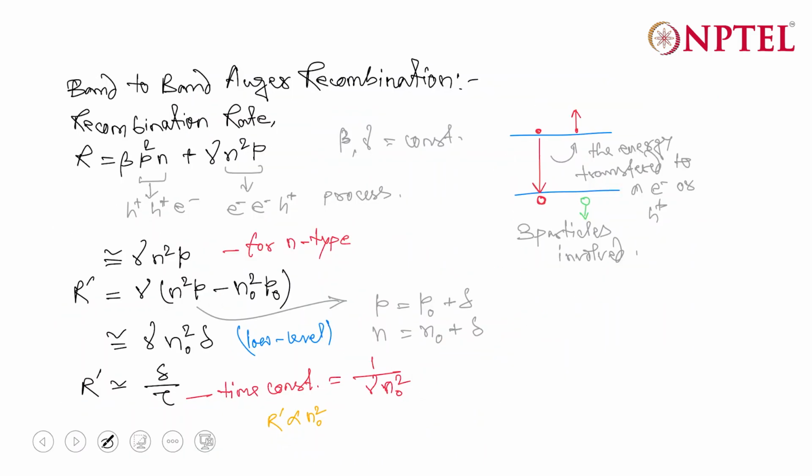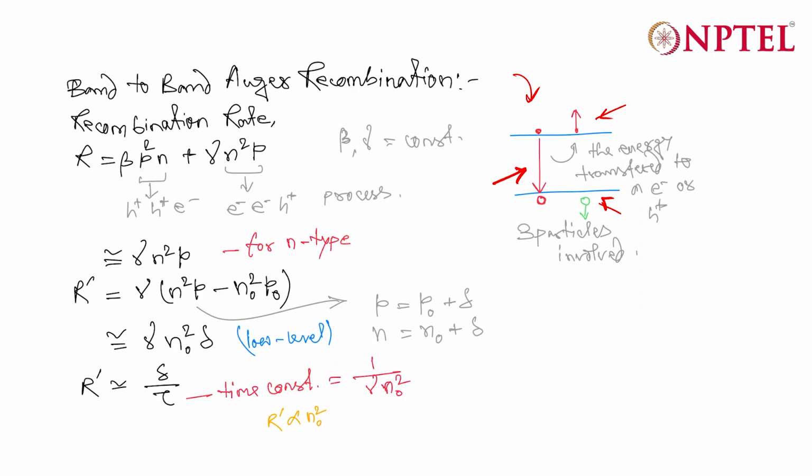So let us now see another type of recombination. The expression for direct band-to-band recombination we already have seen. Now let us see another type of recombination which is known as band-to-band Auger recombination. In this recombination process, an electron recombines with a hole, and then the excess energy and momentum gets transferred to another electron or hole.